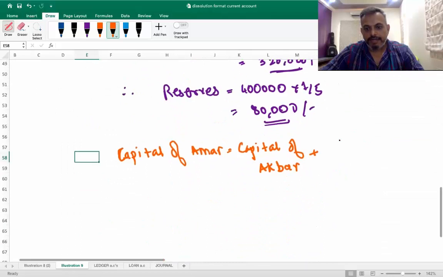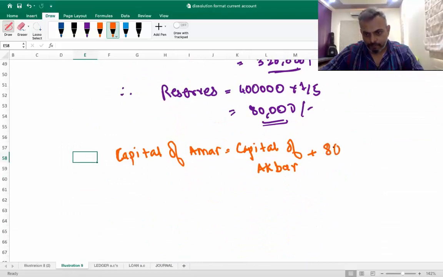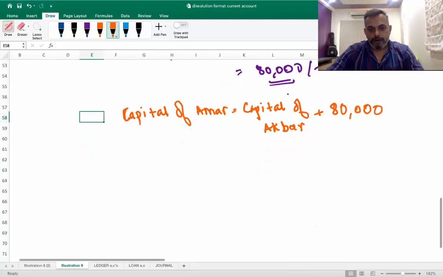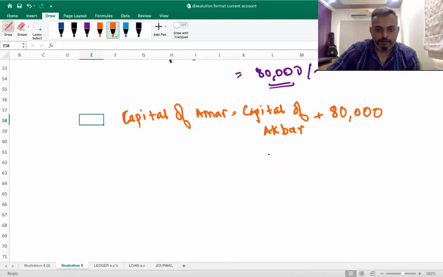More by 80,000. So we know capital of Amar is capital of Akbar plus 80,000.